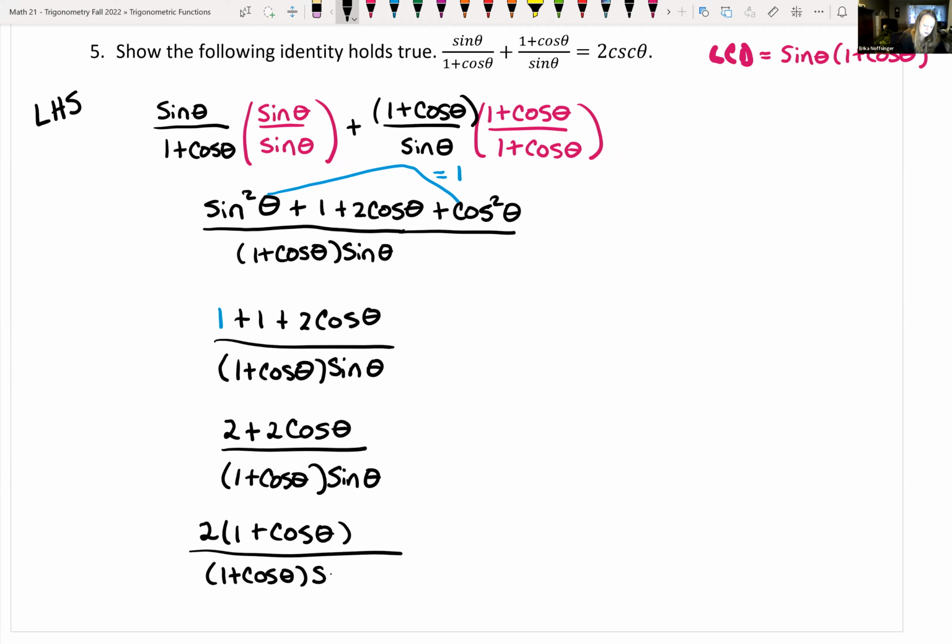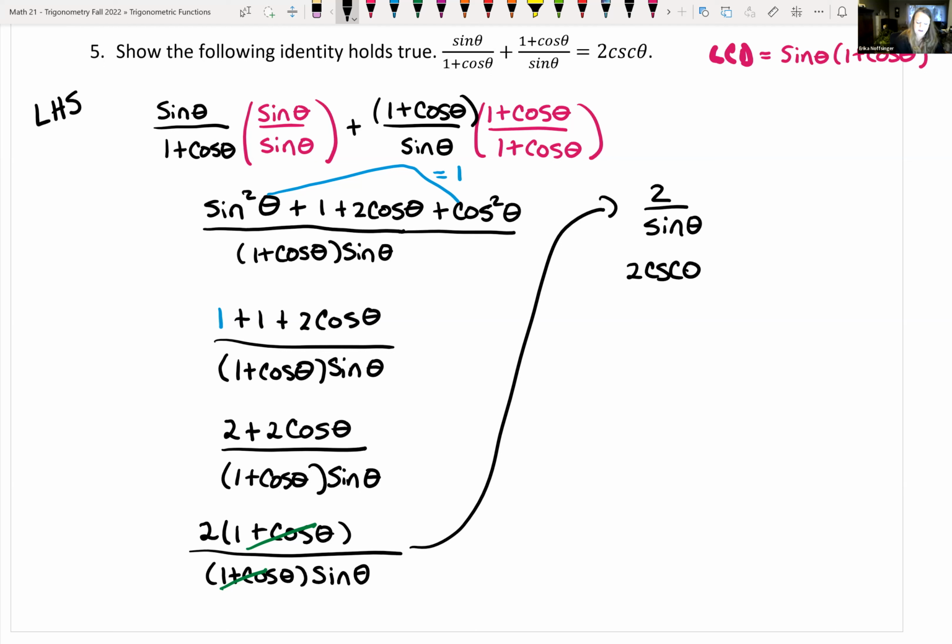Now that it's strictly multiplication between the 2 and that parentheses in the numerator, and that parentheses and sine theta in the denominator, we can cancel the like factors, which is 1 plus cosine theta. So we're left with 2 over sine theta. Well, 1 over sine theta is cosecant theta. So this is 2 cosecant theta, which is what I was trying to show. So we're done.